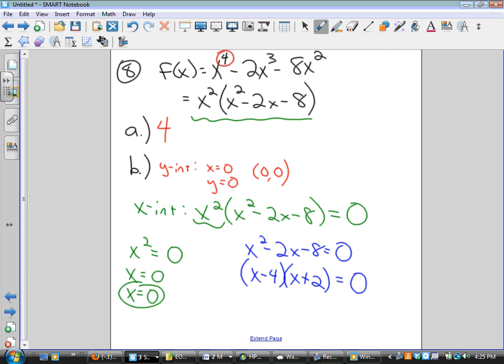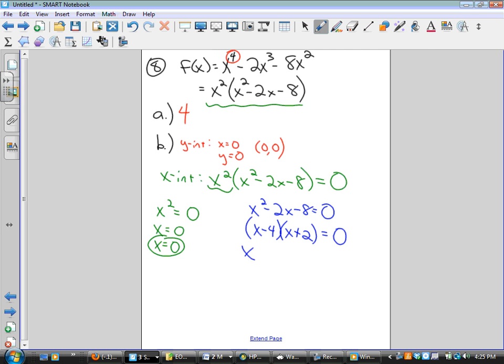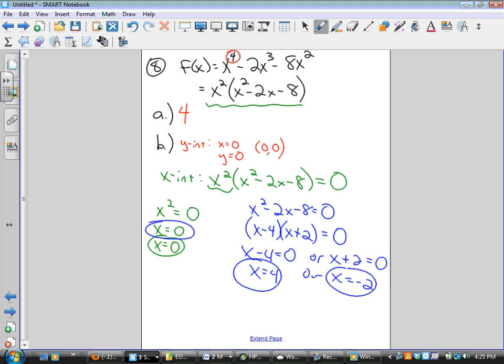And now we have the product of two things equals 0, so we can set each one of those factors equal to 0. So x minus 4 equals 0, and then also x plus 2 equals 0. When we do that, we get x equals 4, and we also get x equals negative 2. So there are all four of our roots. X equals negative 2, x equals positive 4, and then x equals 0 twice.